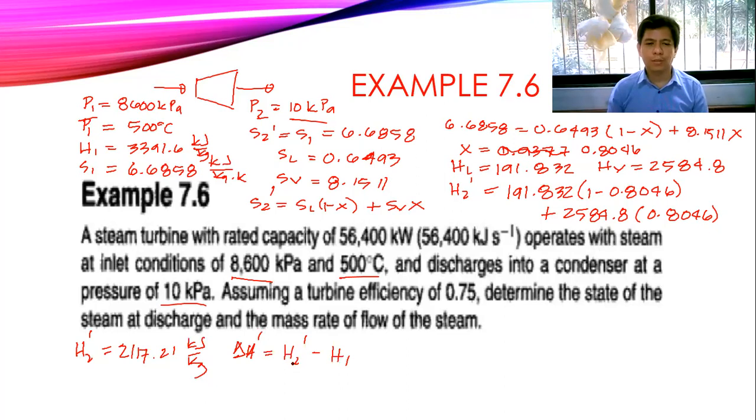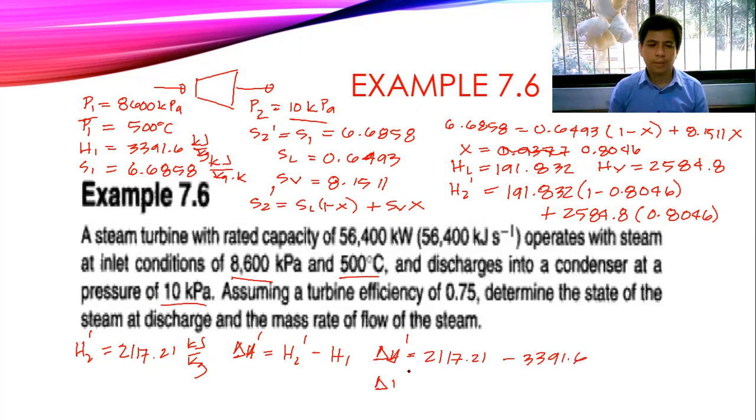Itong H2 prime, ito yung enthalpy ng nag-result sa isentropic process. No, constant yung entropy. So hindi ito yung actual. Ito yung ideal. Just substitute the values. So delta H prime is H2 times 2117.21 minus H1 na 3391.6.